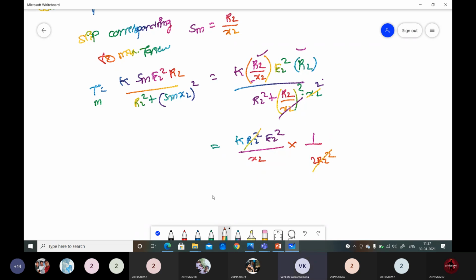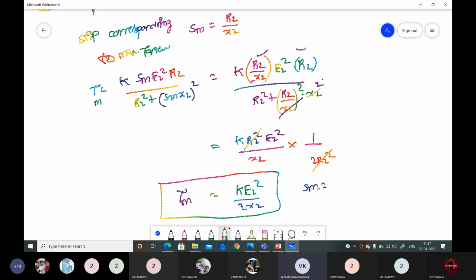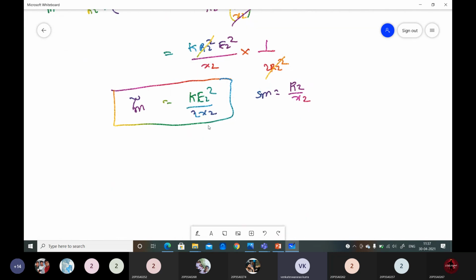This R2 square cancels, so K E2 square by 2 X2. This is the maximum torque, and it occurs at Sm equal to R2 by X2. The maximum torque is independent of rotor resistance, but the slip at which maximum torque occurs depends on rotor resistance R2.